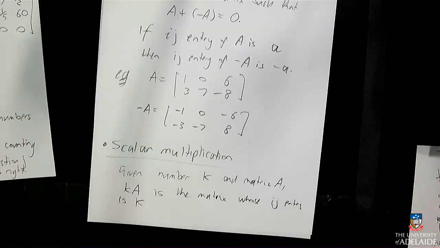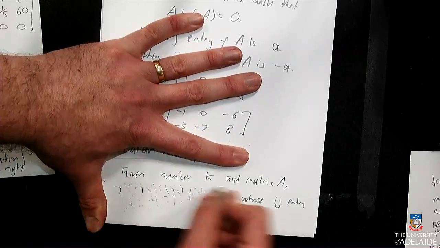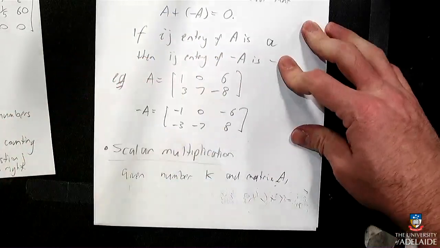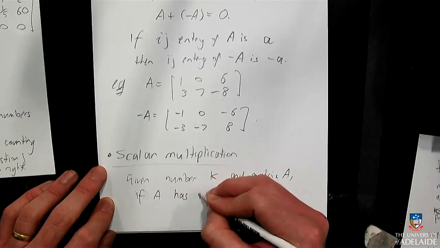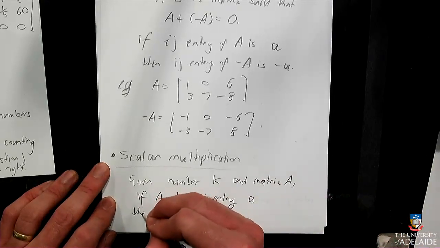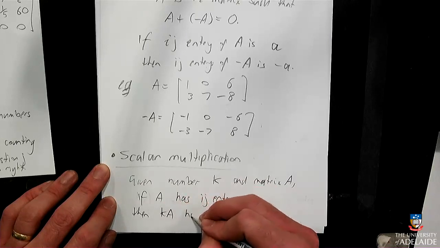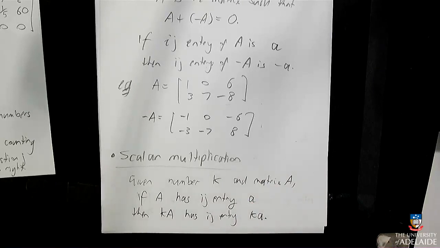Oh well. If A has ij entry little a, then kA has ij entry k times a. So basically, every entry of the matrix, you multiply it by the number k, and that is k times a.